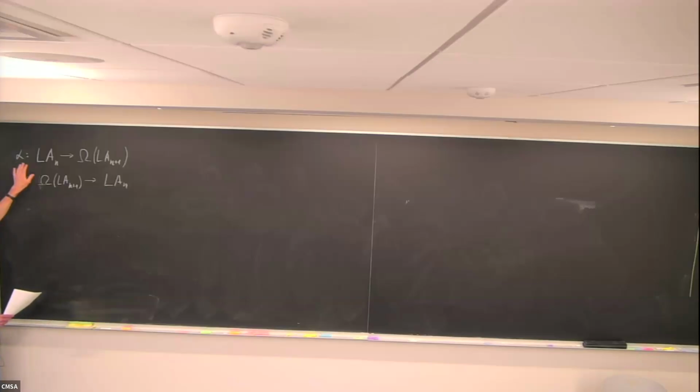And there are maps alpha and beta that make LA into an omega spectrum.